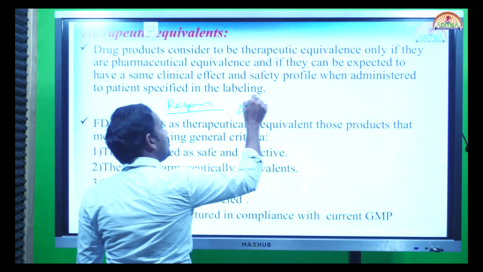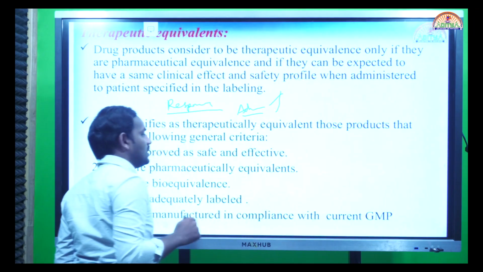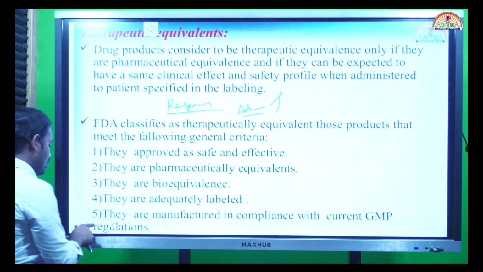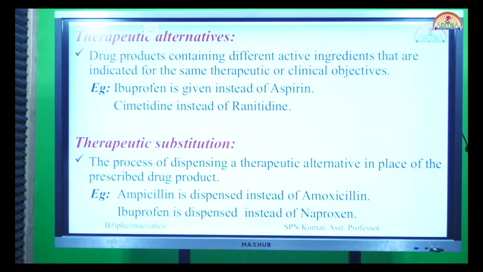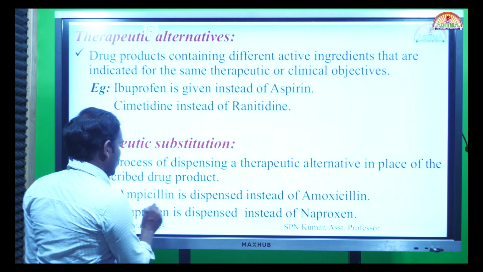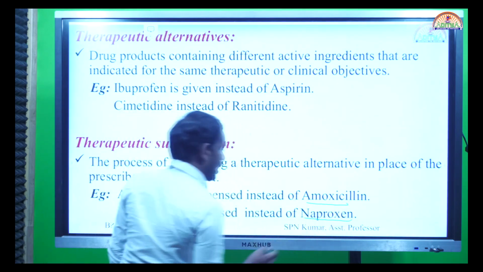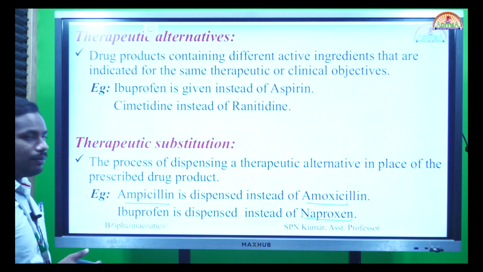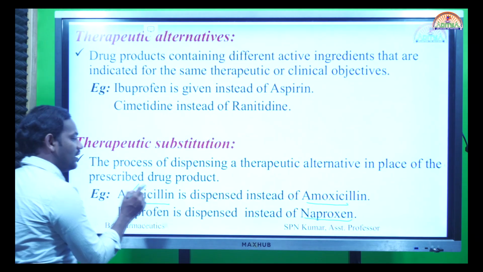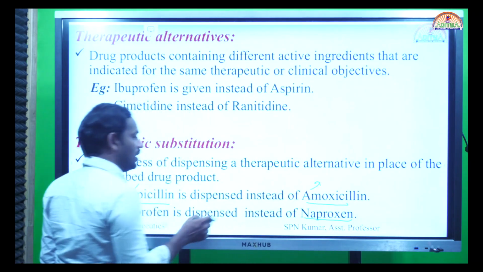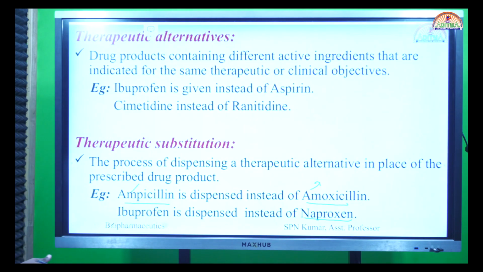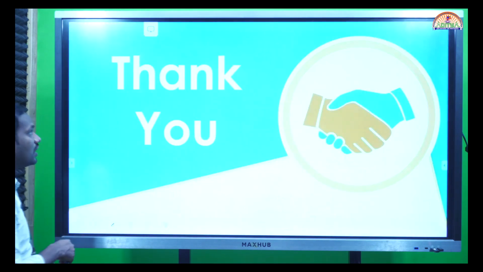If both of them are showing the same responses, it is called a therapeutic equivalent. Caffeine citrate or caffeine edetate also come under this therapeutic alternative. So therapeutic substitution, if ampicillin is used instead of amoxicillin or ibuprofen is used instead of naproxen, which means both of them are NSAIDs, but they're chemically completely different, but if they produce the same amount of response or same amount of action, it is called therapeutic substitution.